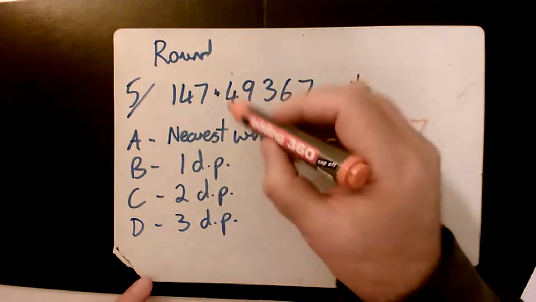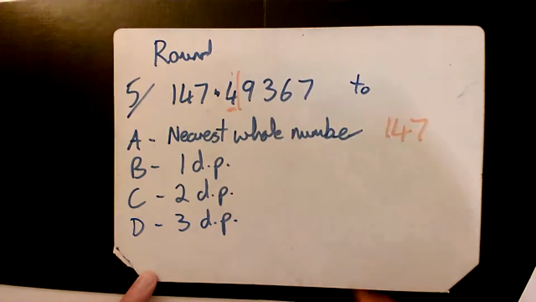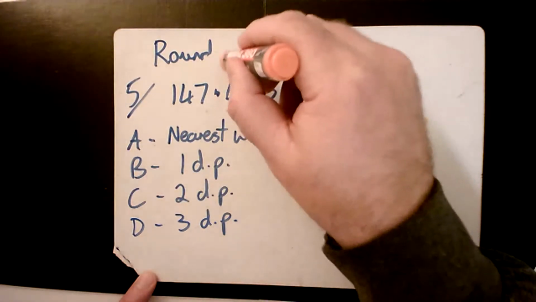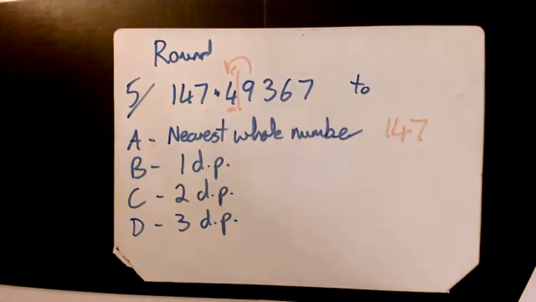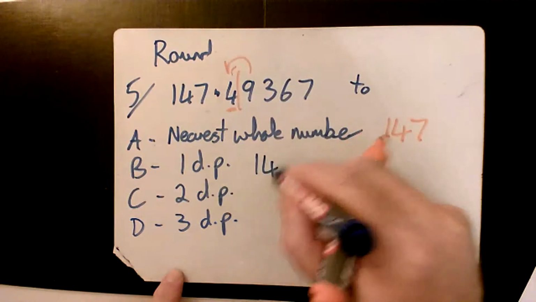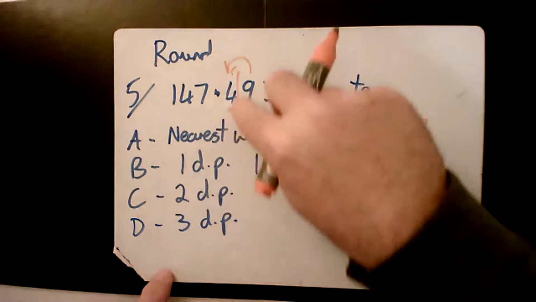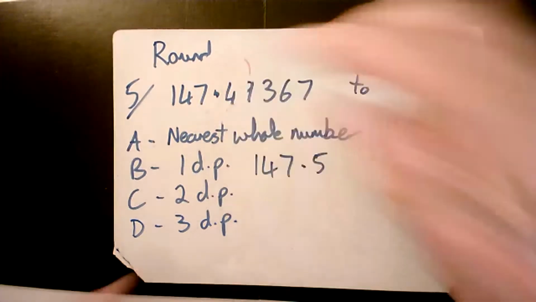To 1 decimal place, okay, so I count 1 number after the decimal point, and I put my line in, okay. Does this 9 affect the 4? Well, yeah, it's 5 and above, so that becomes a 5, isn't it? So it's 147.5, okay.